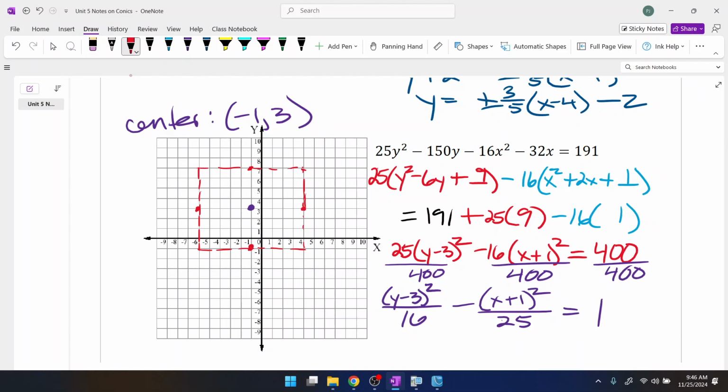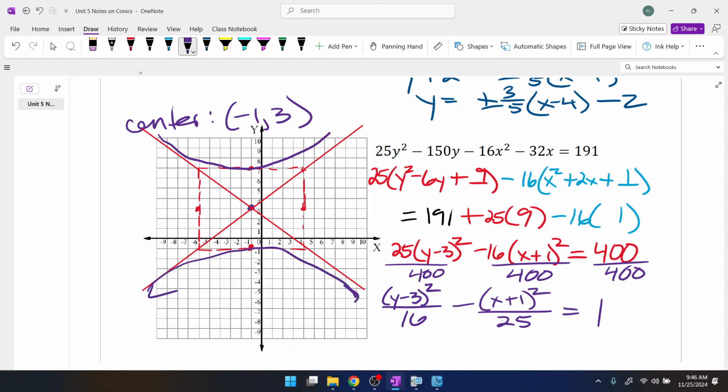All right, so basically, yeah, you'd go up 4 and over 5. And since it's going to be on this axis, it'll look something like this.